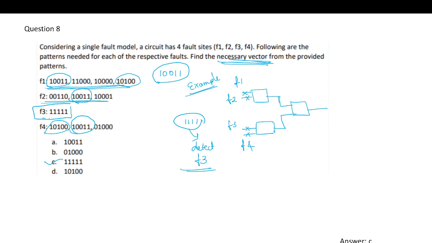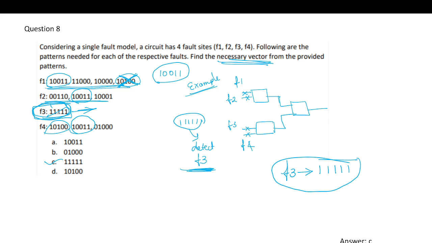But this is the vector: if I remove this vector, say the 5 ones, we can't detect F3. To detect this fault, this vector is the necessary vector. So we can't remove this vector. For example, by any chance if I say this vector is going to consume a lot of power and I remove it, there are still vectors which can detect all the fault sites.